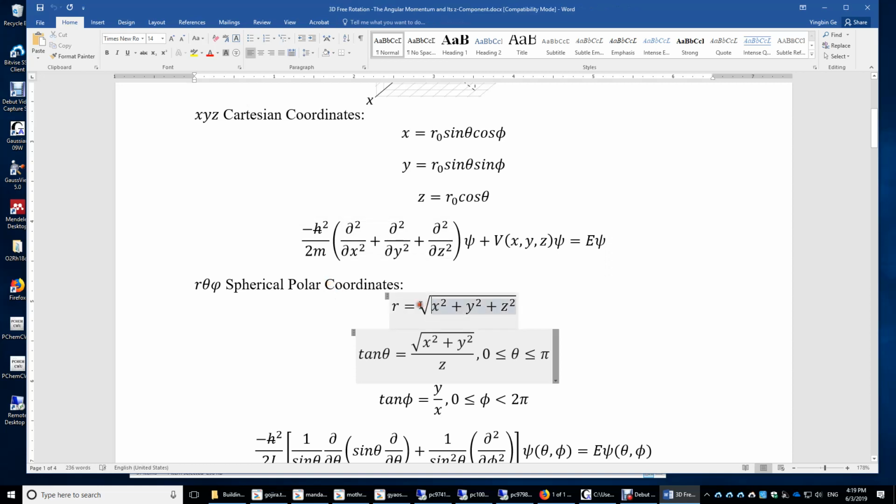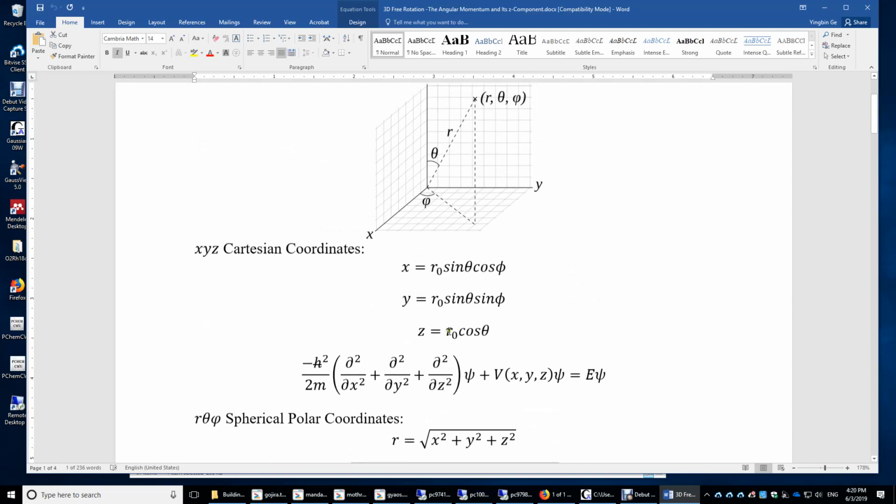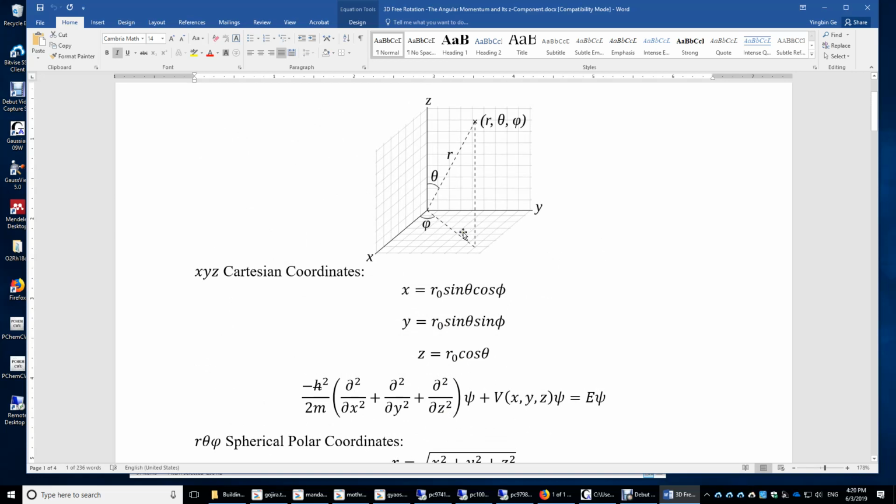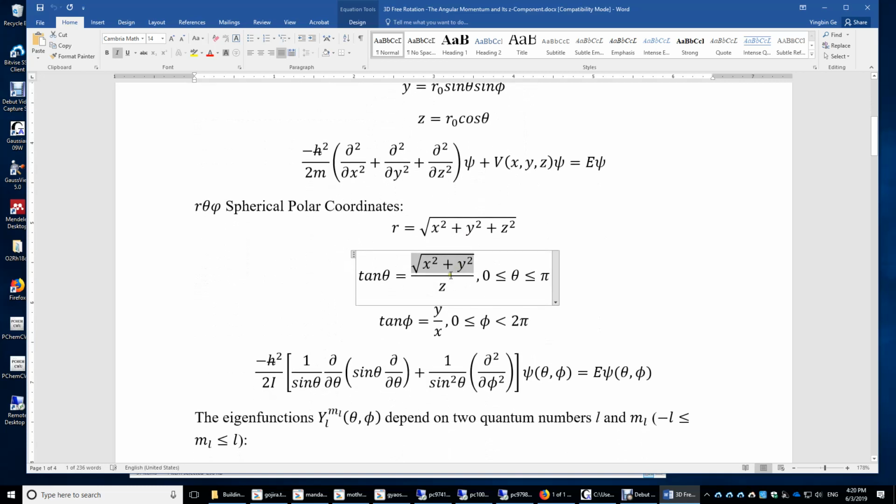First, we need to know this r can be expressed as a function of x, y, and z, same as theta, indirectly, because we just defined tangent theta to be the square root of x squared plus y squared, the projection of r on the xy plane, divided by z.